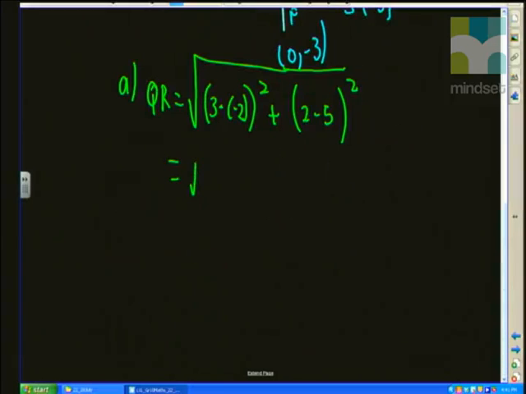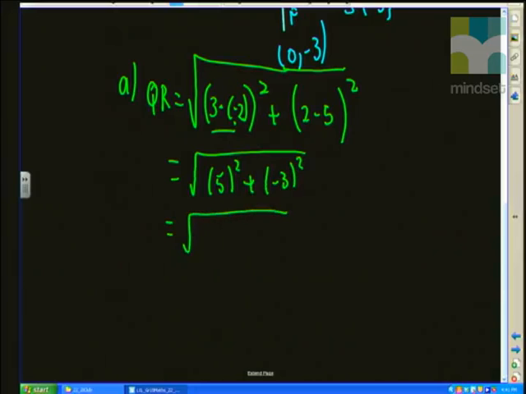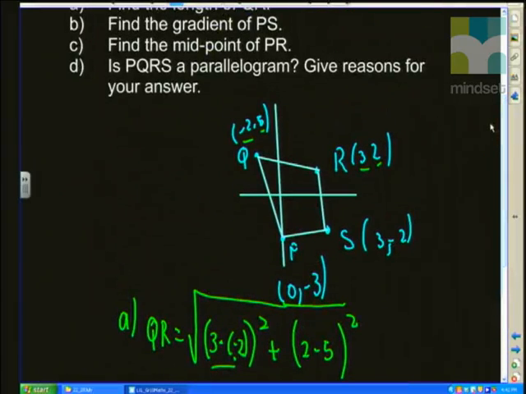So I get the root of 3 minus minus 2, which becomes 3 plus 2, which is 5 squared, plus 2 minus 5 is negative 3 squared, so we get the square root of 25 plus 9, which gives 34. So QR is the square root of 34.